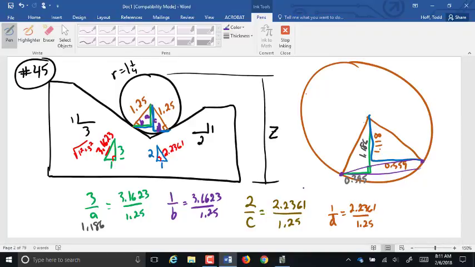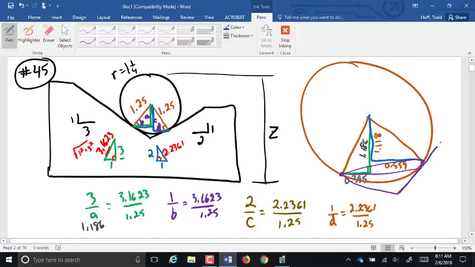If we knew the trig, of course, we could find this angle here, couldn't we? If we had our tangent and stuff like that, we could find this rather quickly at this point. But now it's going to be a matter of constructing a proper system of equations to find that height.